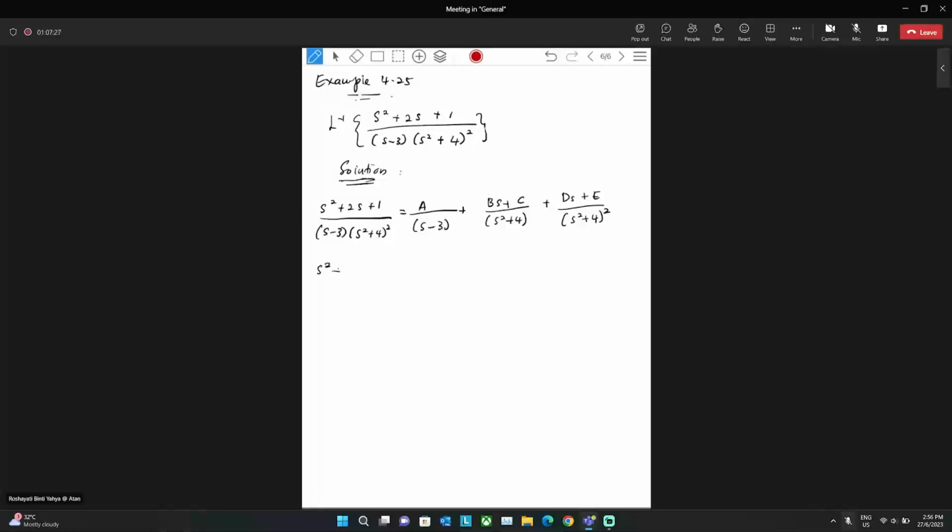S squared plus 2S plus 1 equals A, so multiply with S squared plus 4 squared, plus, since you have this, you need to multiply the set of this with S minus 3.